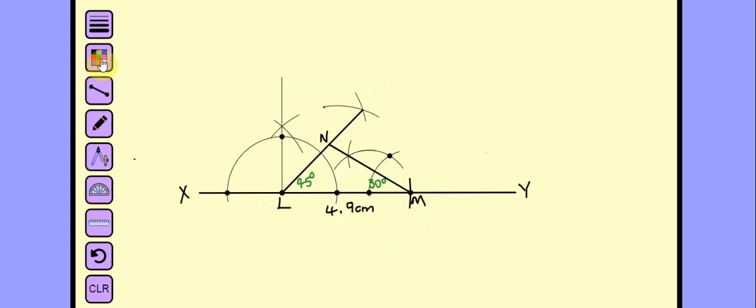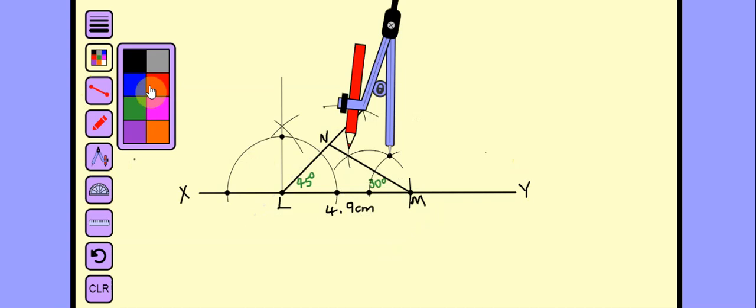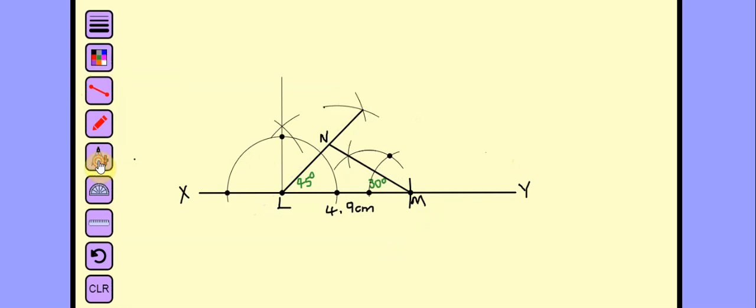So let's go ahead and label our angle. And there you go, that question has been answered.